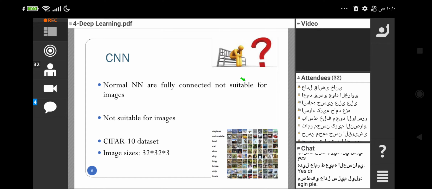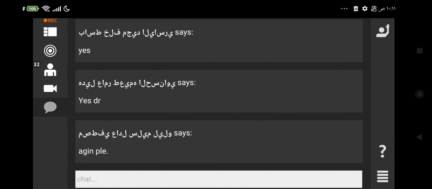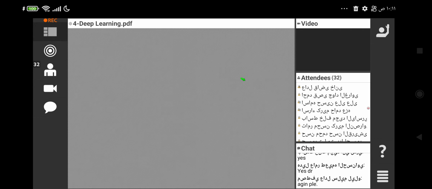So each image has many inputs. If we want to enter an image into the neural network, the neural network should have 3072 inputs, so we would have a big neural network.